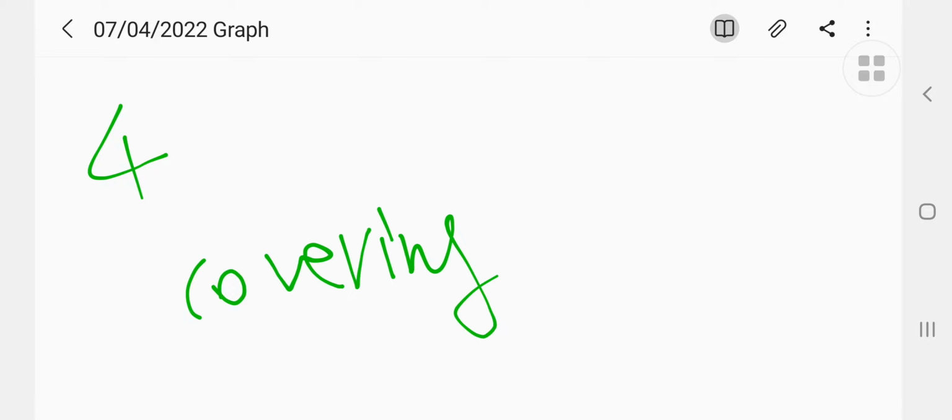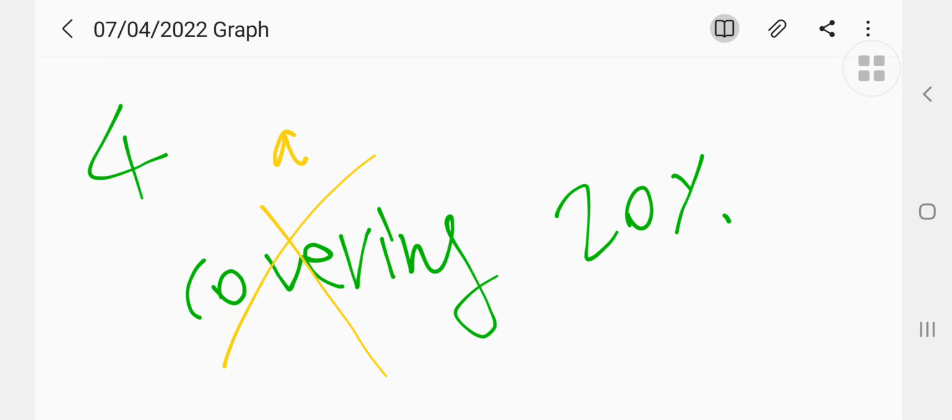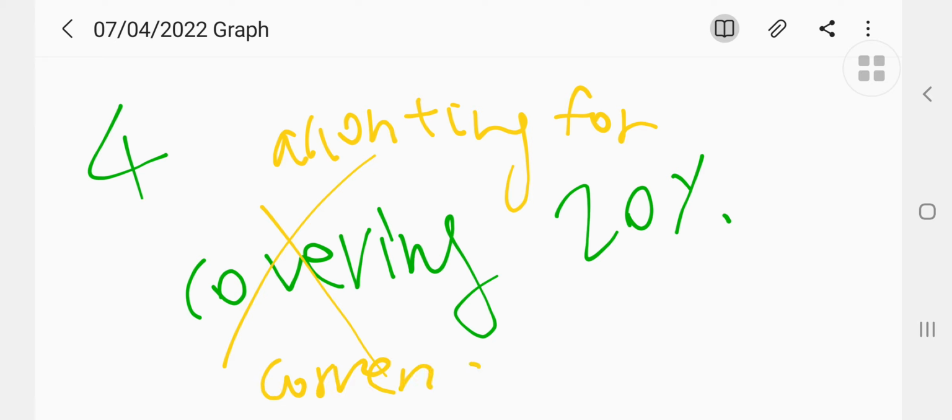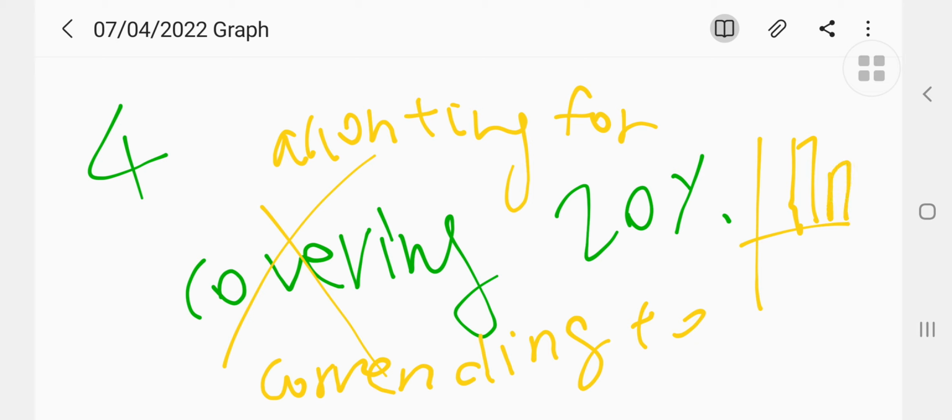The fourth one: we can say "covering 20%", but we need to say "accounting for" or "corresponding to". For instance, in this graph, right here is like 20%.